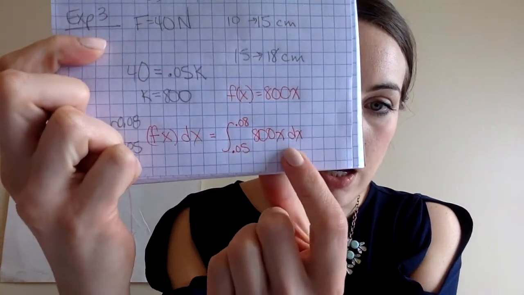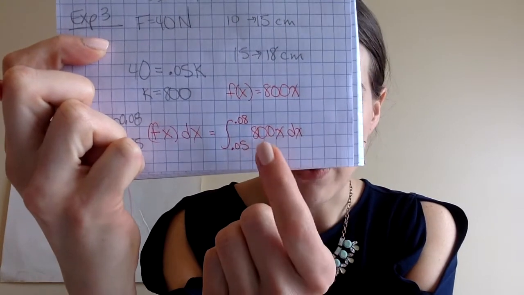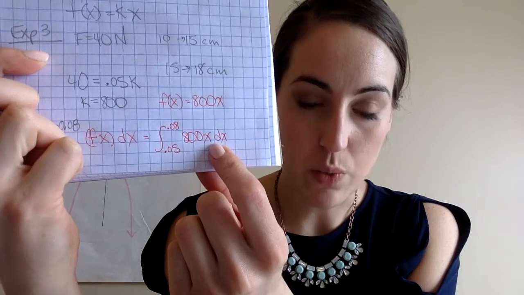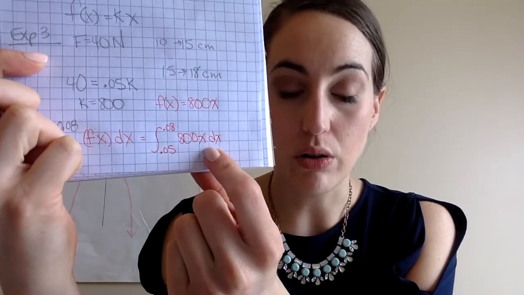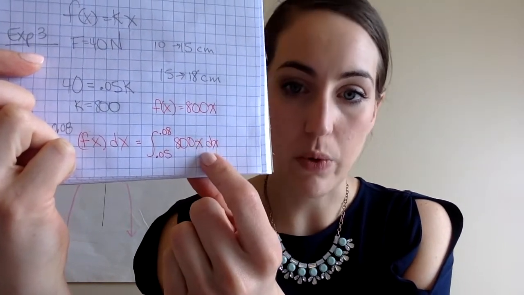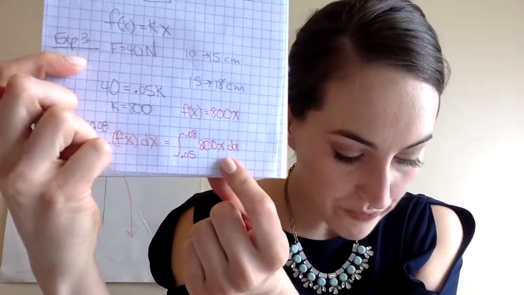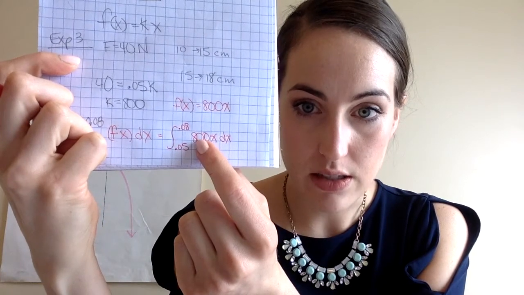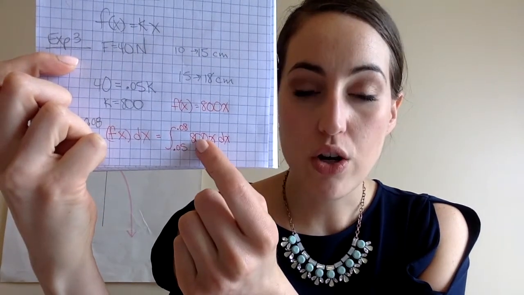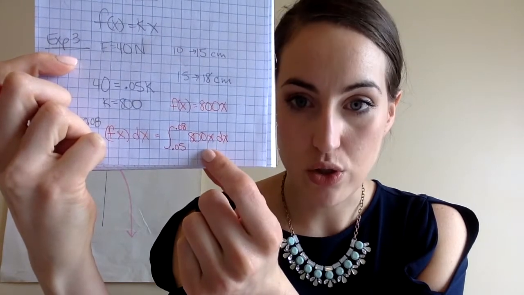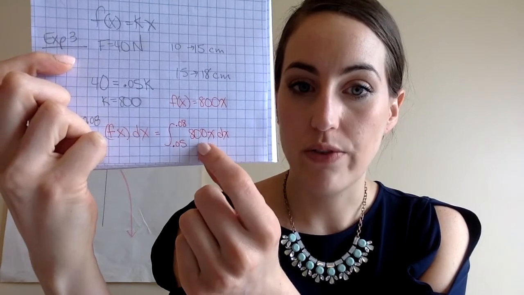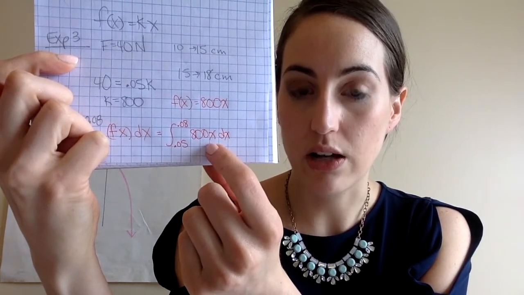Okay, so 800x dx, and this is telling me to take the antiderivative of that, so that's x to the 1, my n is 1, so 1 plus 1, so now it's x squared all over n plus 1, the exponent was 1, 1 plus 1, so 2, all over 2, so that gives us x squared over 2, and the 800 stays as the coefficient outside, so 800 times x squared divided by 2, 800 divided by 2 is 400, so we have 400x squared.